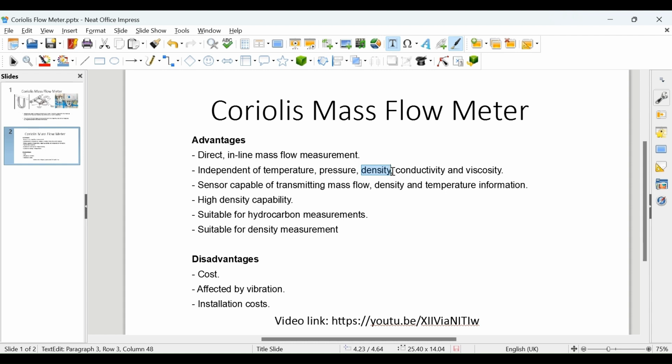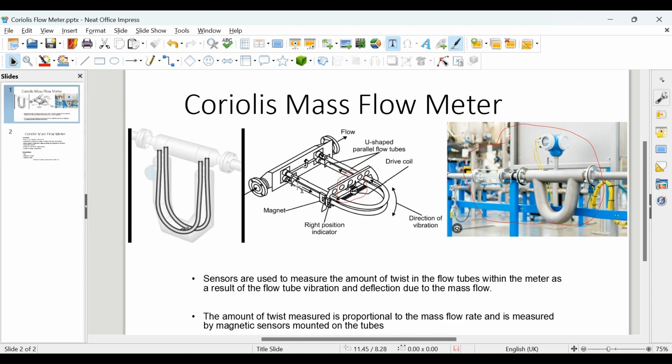And the way it measures the density is quite simple as well. The denser the fluid flowing through those tubes, the less the deflection of vibration will be. It means if water flows through those tubes, the tubes will vibrate at a certain pattern.